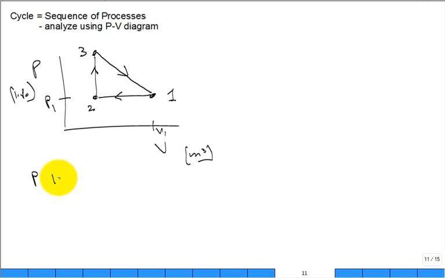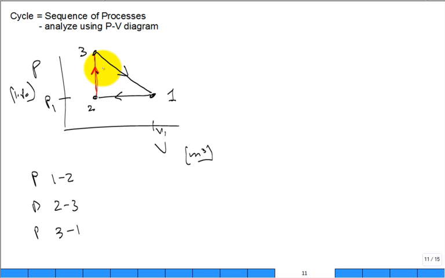Process 1 to 2, process 2 to 3, and then process 3 back to 1. This state has to match that state or I didn't close it, right? That's almost too obvious. But that would be a 3-process cycle. Did I ask what describes the process from 2 to 3? What is that?